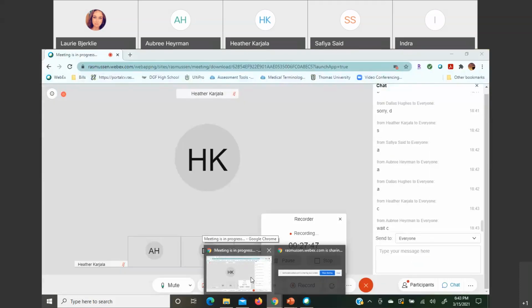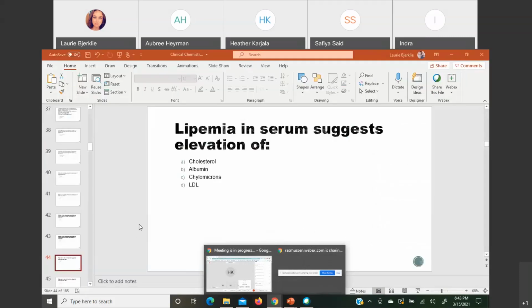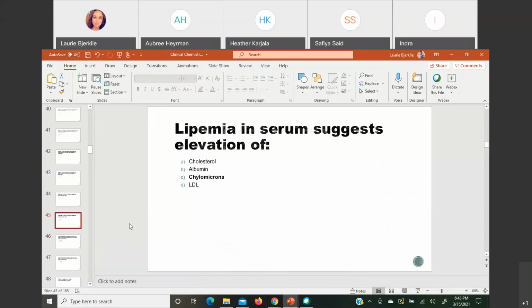All right. It is chylomicrons. So again, chylomicrons are what is carrying the triglycerides. And so anytime you have a high level of triglycerides, which would be a higher amount of chylomicrons, it'll show up as lipemic, that really milkshake look.